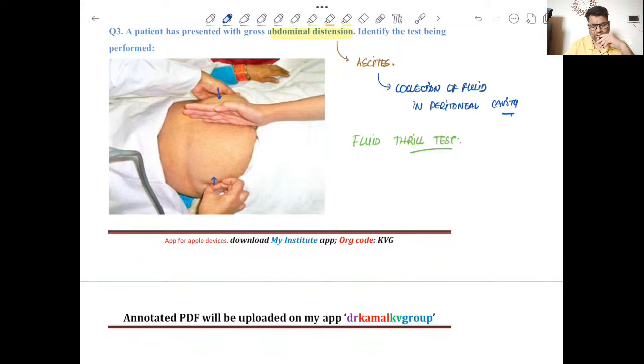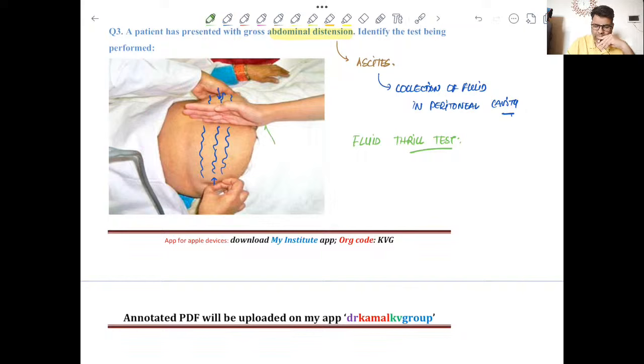Now if there is a fluid, these vibrations will be set up and they will travel all the way to the opposite palm, right? So vibrations will be set up in the fluid and they will be felt in the opposite palm.